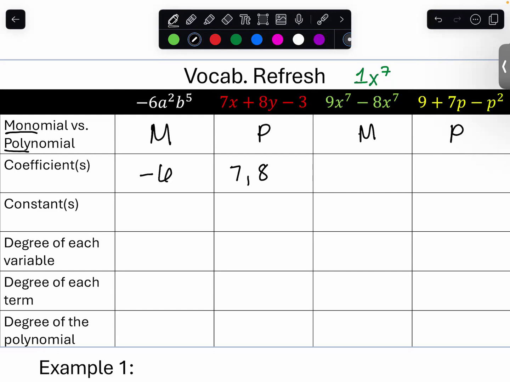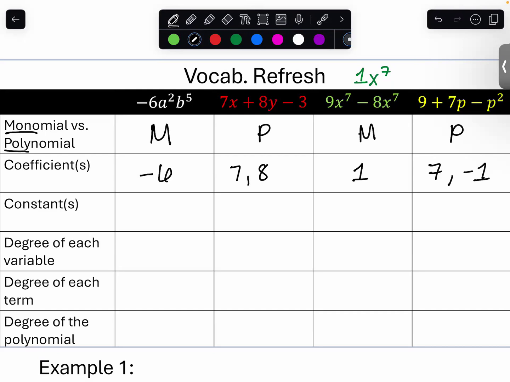It does have an x to the 0 being multiplied by it, but coefficients are technically numbers or constants that are being multiplied by a variable that does not have a degree of 0. Likewise, for our green expression there, 1 would be that coefficient. And then for our last expression here in yellow, we would have 7 and a negative 1, right? Because there is technically a negative 1 being multiplied by that p squared.